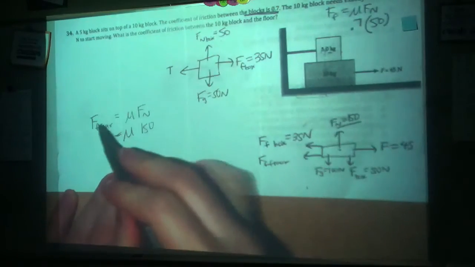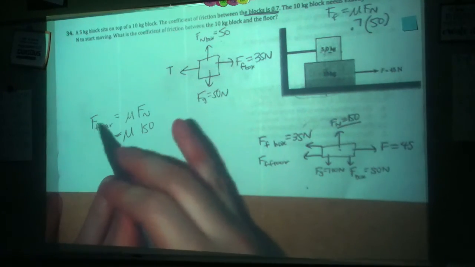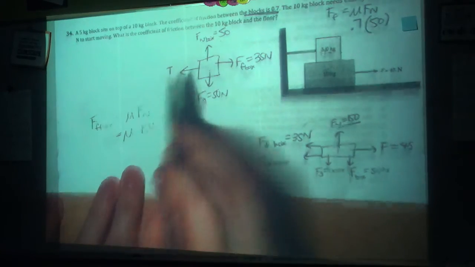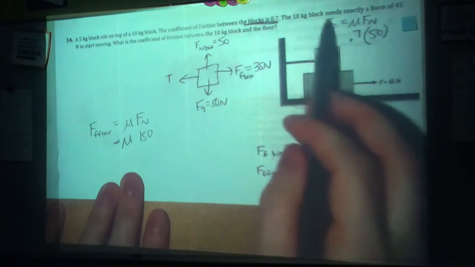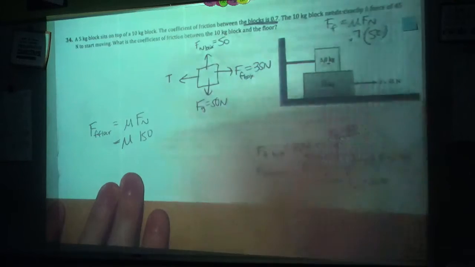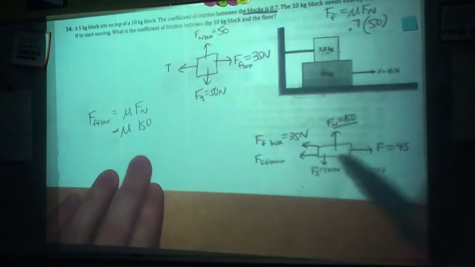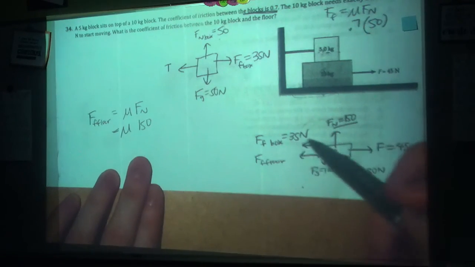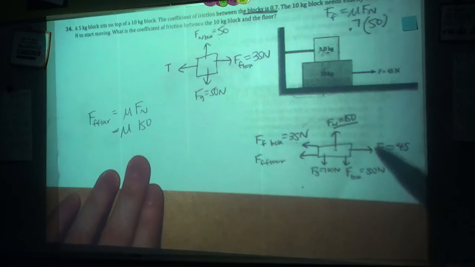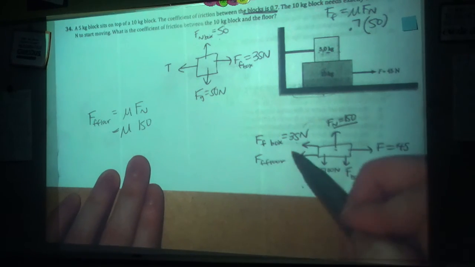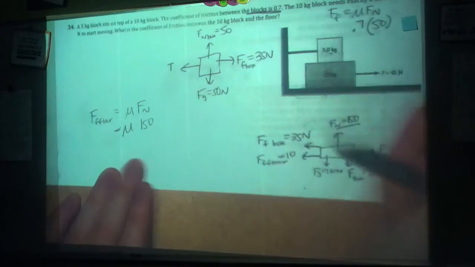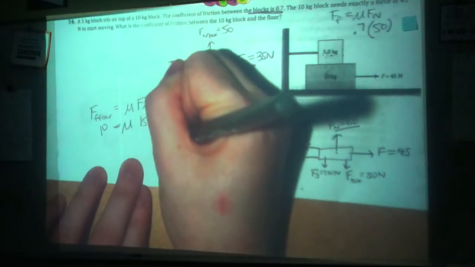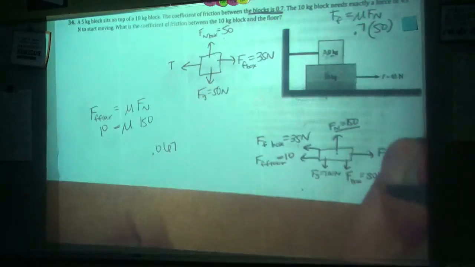And it says that the block needs exactly 45 newtons to start moving. So if there's 35 newtons of friction from the box and you need exactly 45 newtons to get it started moving, then the force of friction from the floor must be 10. So then you just plug in the 10, divide it over, and you get a super small number, 0.067. And that would be your answer.